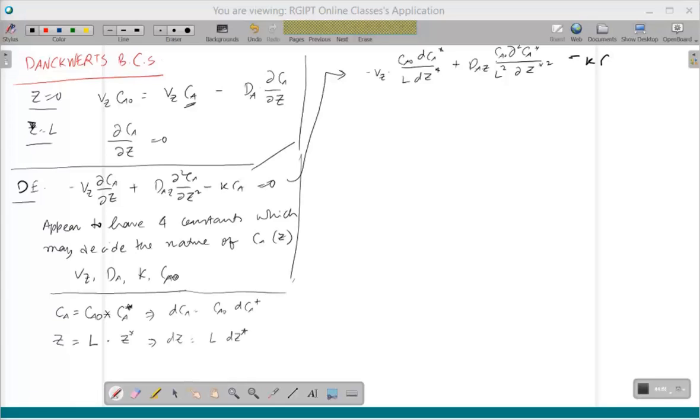Now I want to get rid of this, so let me multiply the entire equation by L² over Daz.